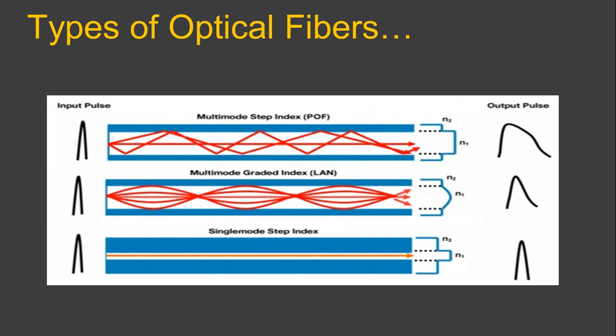Why is it called so? Because it offers, or it supports, only one mode of propagation of the wave. So that is why this is called the single mode step index fiber.